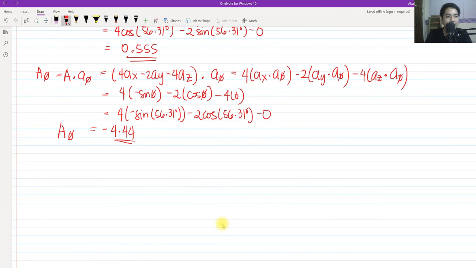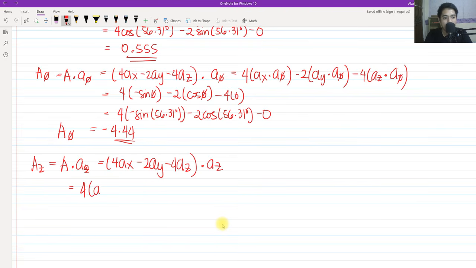That's a component. And lastly, for A sub z, we have the dot product of vector A and the unit vector A sub z. So we have 4a sub x minus 2ay minus 4a sub z dotted by unit vector A sub z. That becomes 4a sub x dotted by A sub z minus 2a sub y dotted by A sub z minus 4a sub z dotted by A sub z.